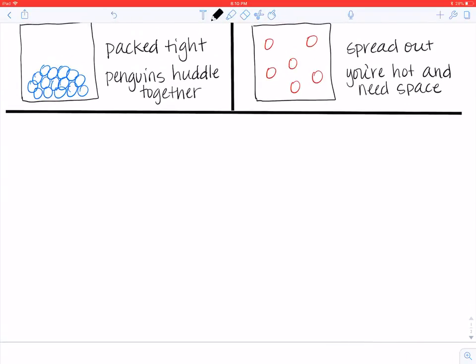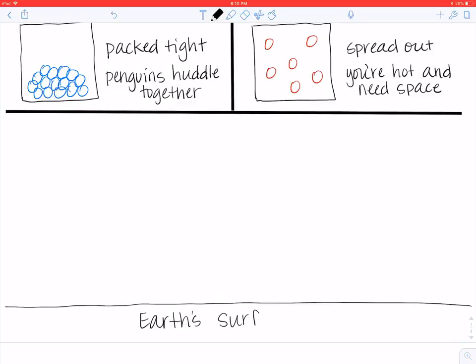So I'm going to go to the bottom of my page, and across the bottom, I'm going to write down Earth's surface. I'm going to draw a little sun in the corner.